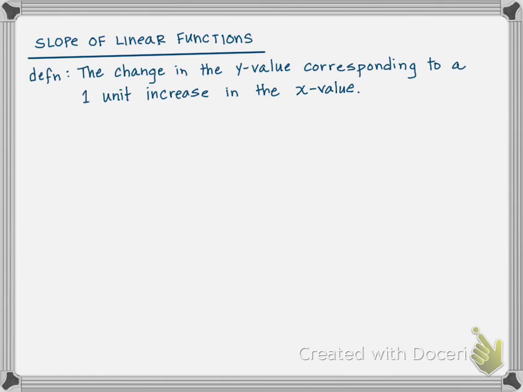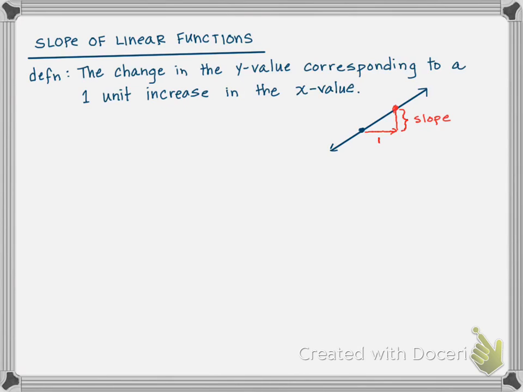What this means is if I have any old line, and I pick a point, and I move 1 unit to the right and then go back to my line, this distance right here is the slope of the line. So it's however much y changes when I move to the right 1 unit on my graph.